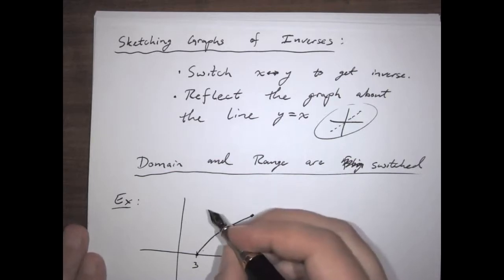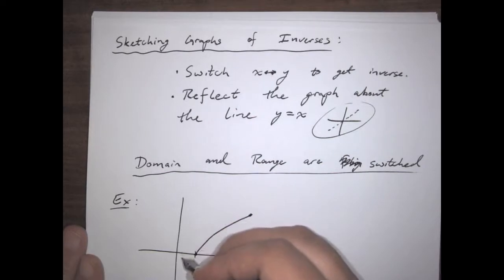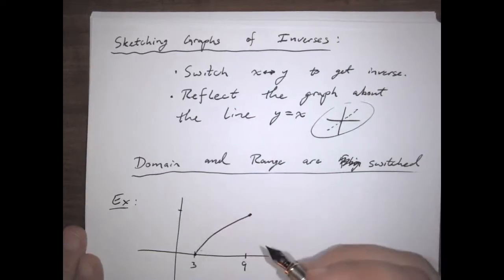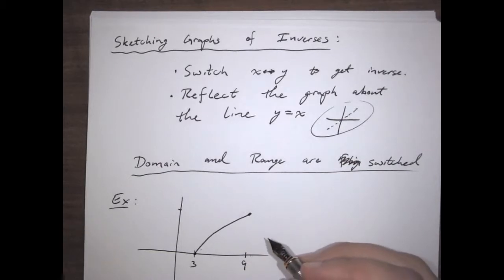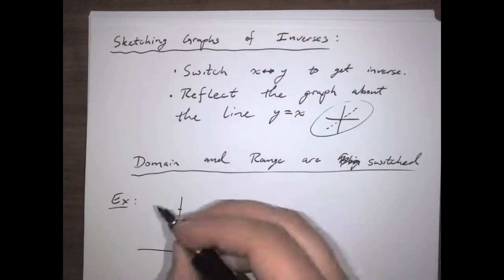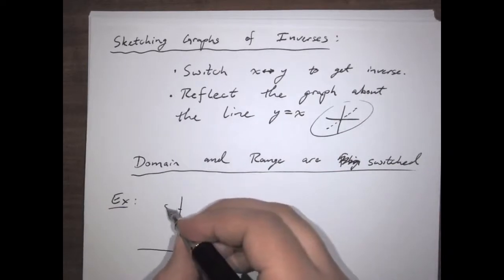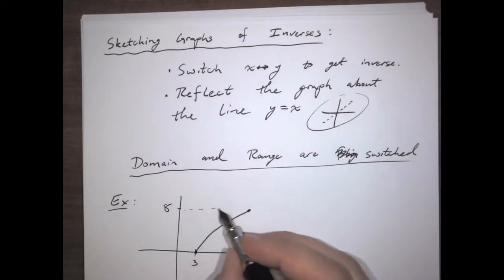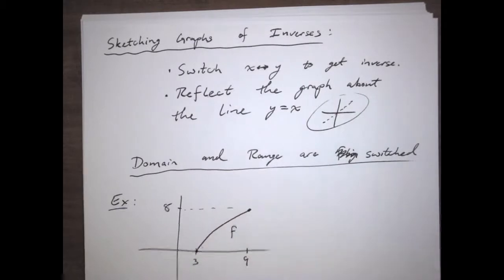Let's say over here what we've got is a y value of 0 up to a y value of, let's say, 8. And this is a graph of f.